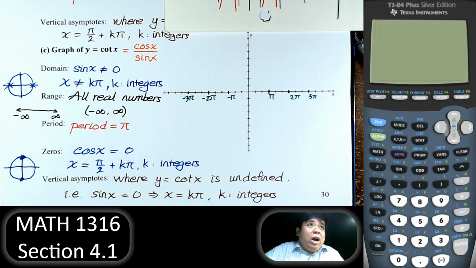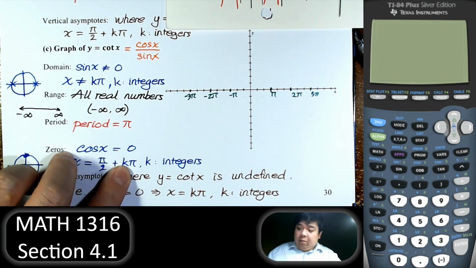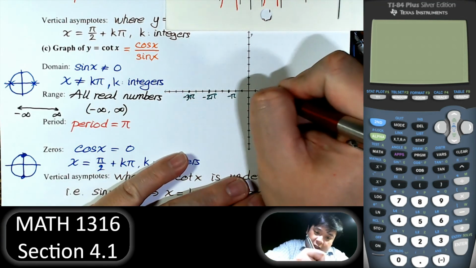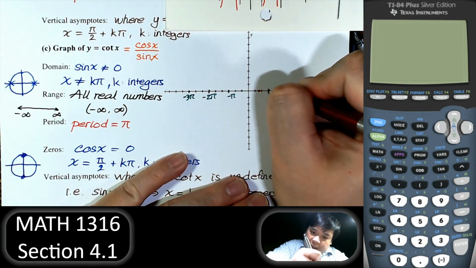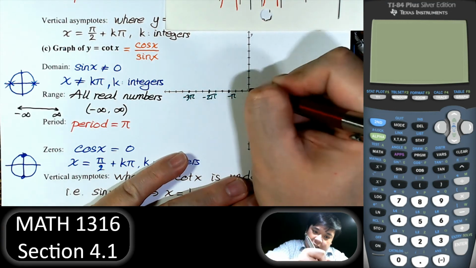Right, where it is equal to 0, pi over 2. Okay, pi will be between here, here, and here.